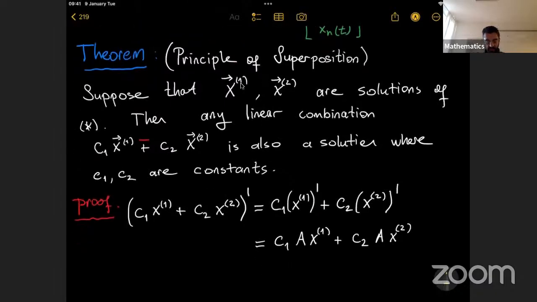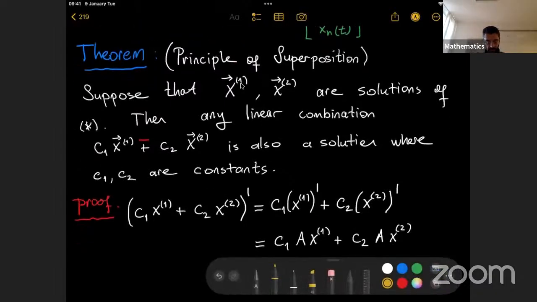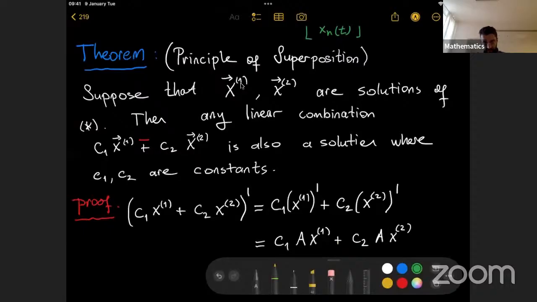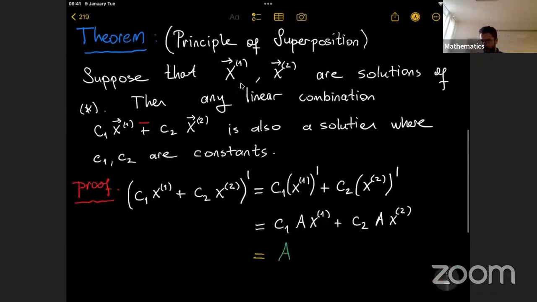Well, we can take A out here. And what is the remaining part? A is common here. A is the matrix, remember? It is C1 x1 plus C2 x2.